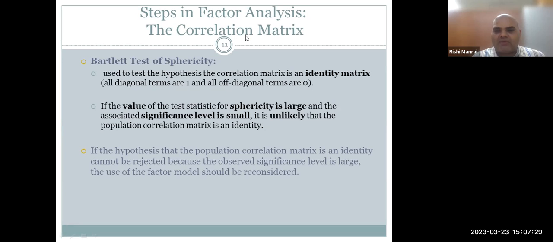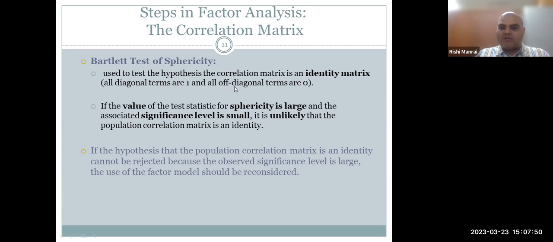Let's say if they say that a value of 0.5 is good or 0.7 is good, we have to understand that this test will be cleared only if we pass that minimum level.